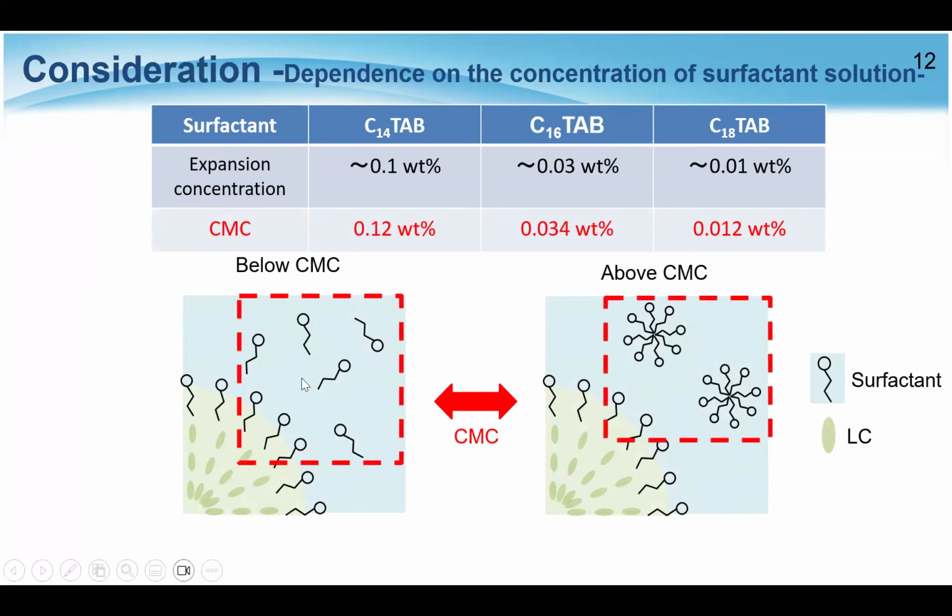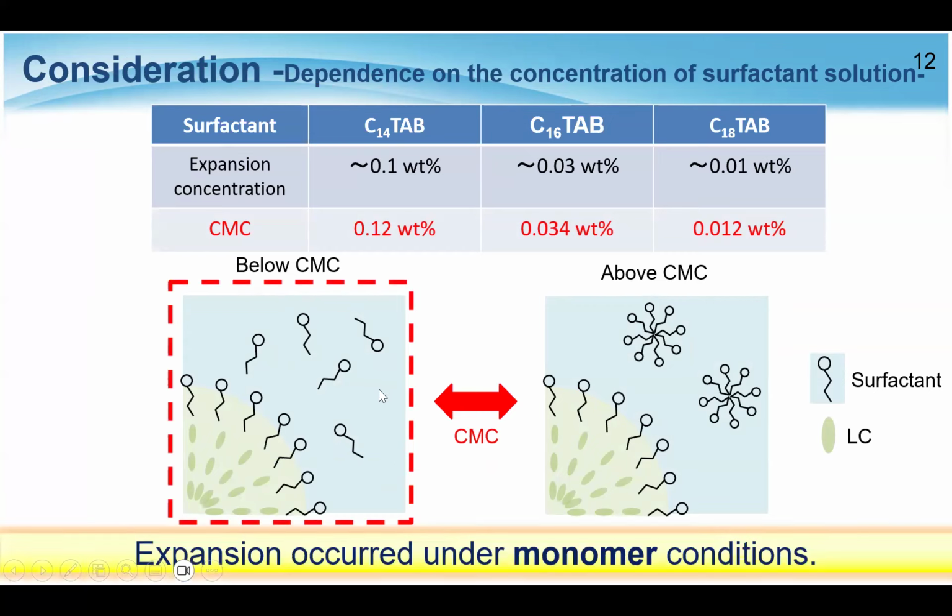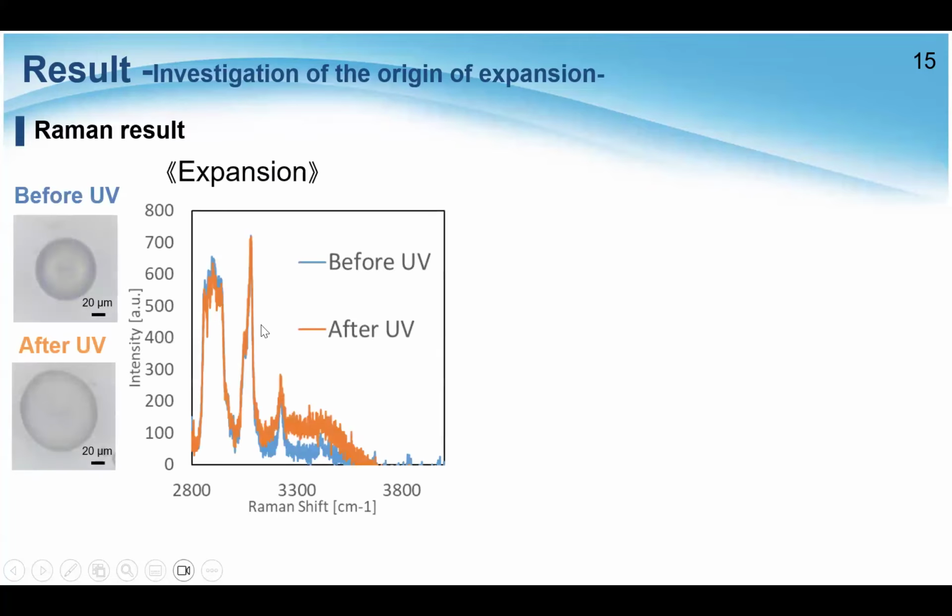The surfactant molecules inside the solution are in either the monomer or the micellar condition. For this kind of observation, the monomer condition is important. We also confirmed what was included inside by the light illumination by using Raman microscopy.